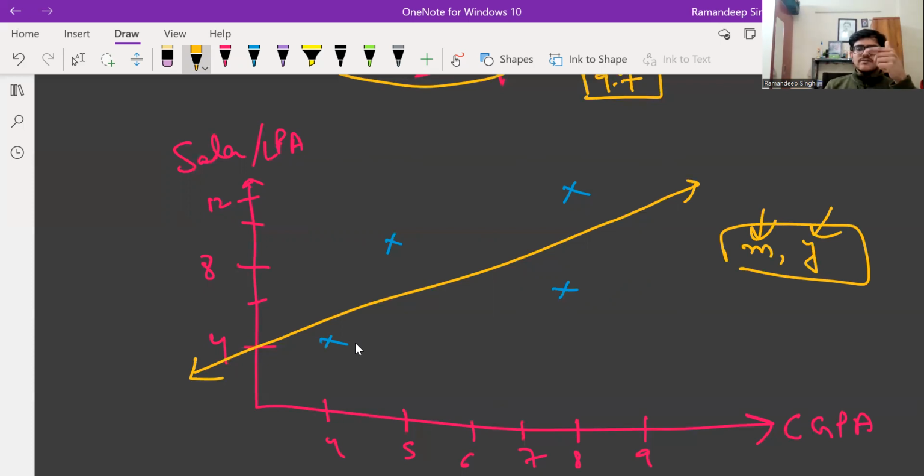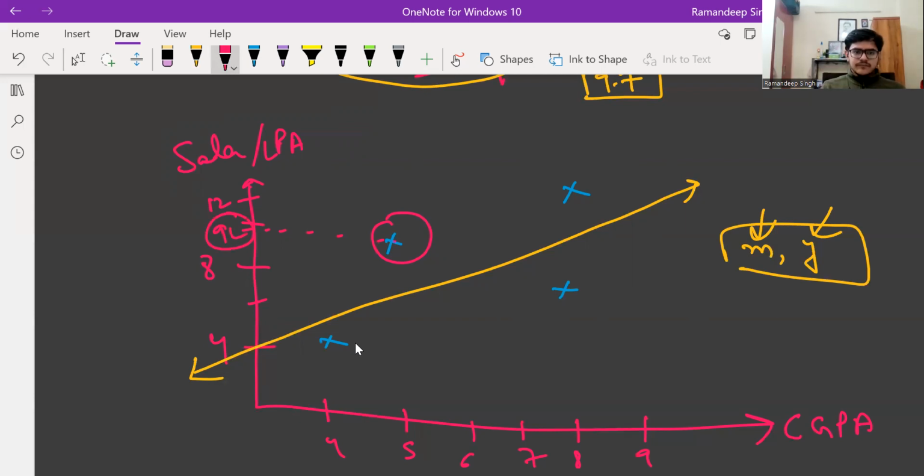What I want to explain to you here is that when we are plotting this line, it is not showing the reality. This student has got a CGPA of 5 and a package of around 9 LPA, let's say.